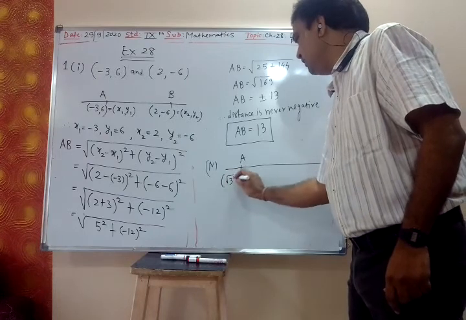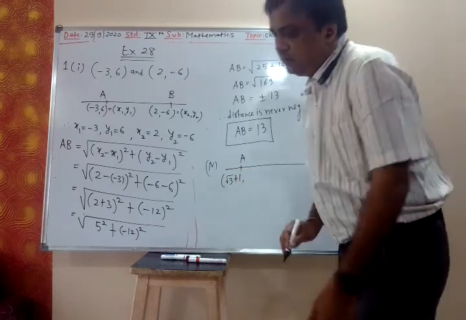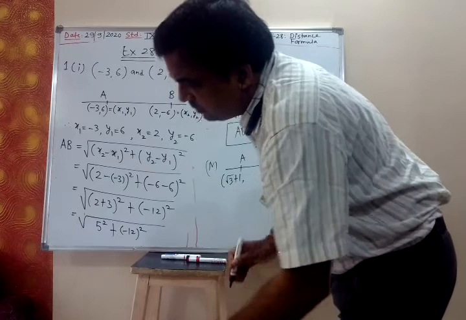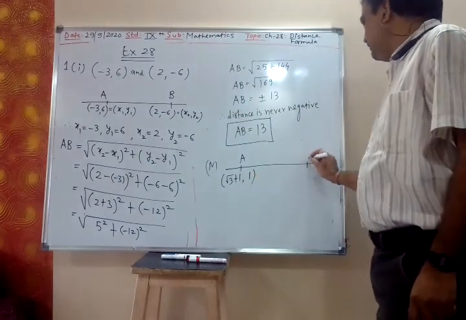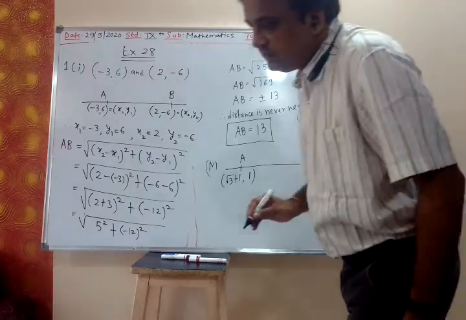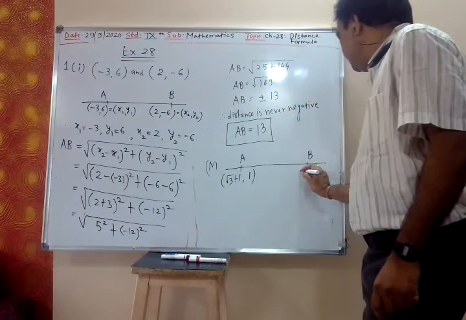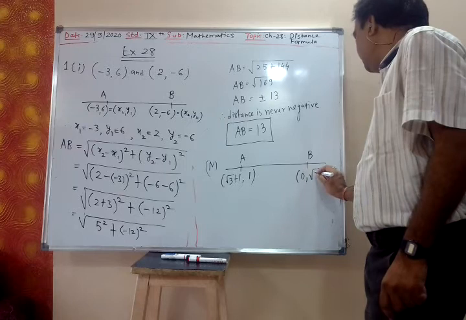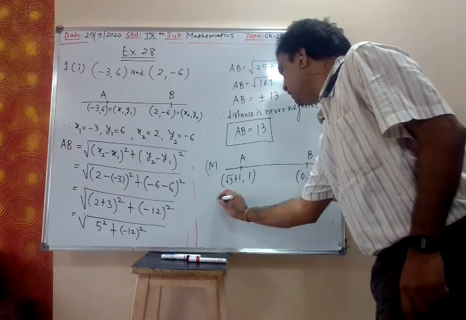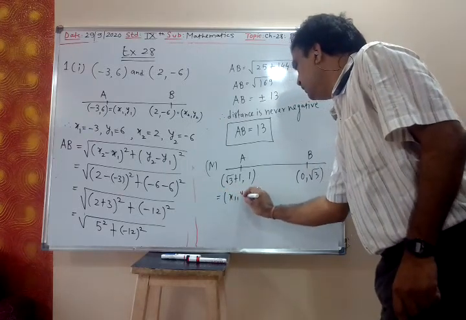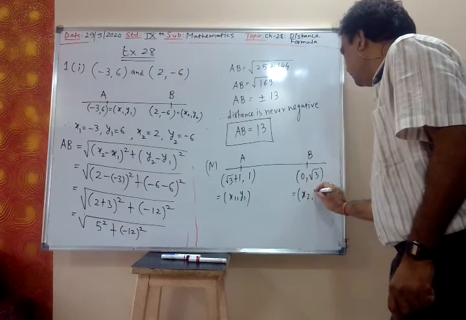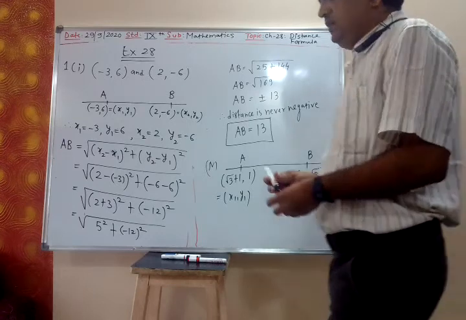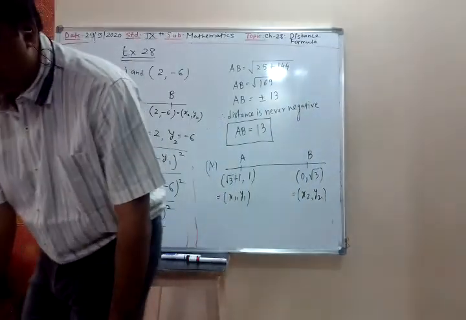Root 3 plus 1, comma 1. And B is 0 comma root 3. This I will take as x1, y1 and this I will take as x2, y2.